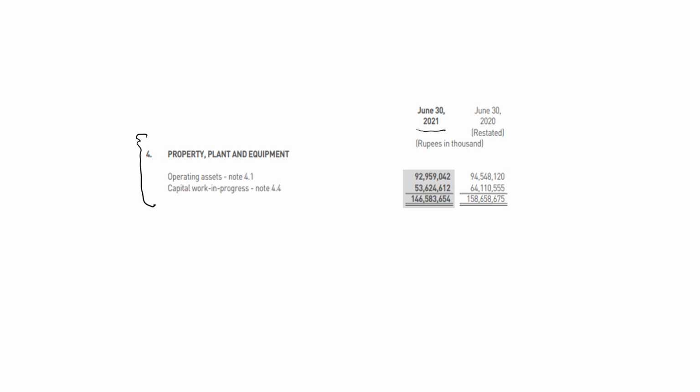And here in its note, you can see that property, plant, and equipment includes operating assets and capital work in progress. Operating assets are the assets that are currently in use in operations, while capital work in progress are the projects that are under construction.